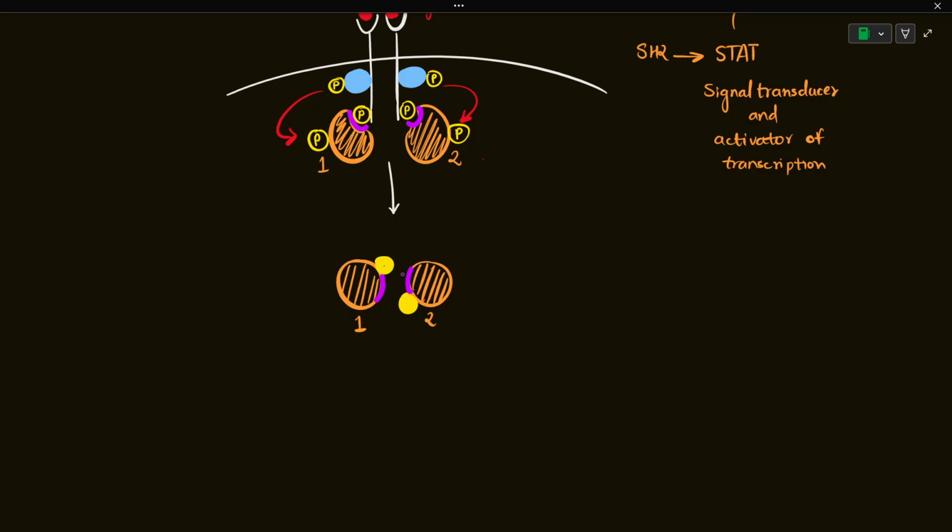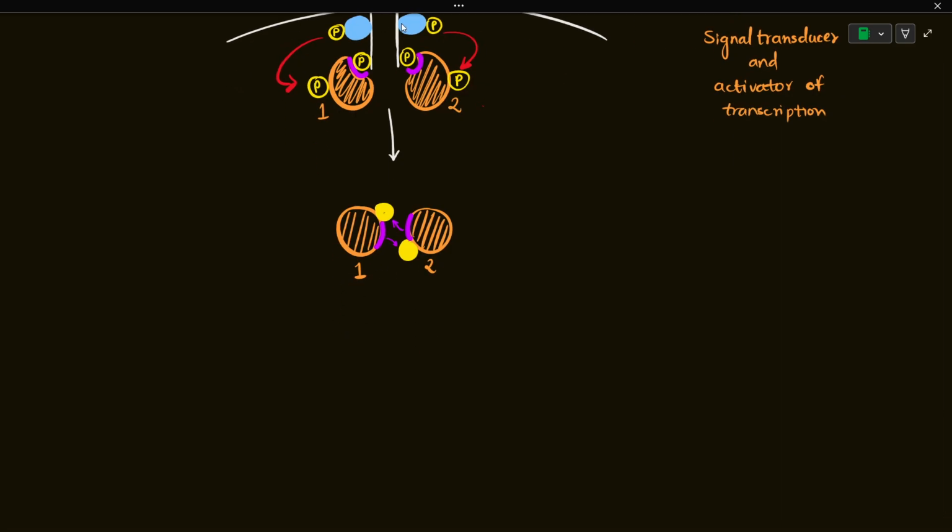So what will happen? This SH2 domain of STAT1 will bind to the phosphotyrosine residue of STAT2, and the SH2 domain of STAT2 will bind to the phosphotyrosine residue of STAT1. That is why STAT1 and STAT2, both of the molecules, will form a dimer. Here I'm trying to draw the dimer.